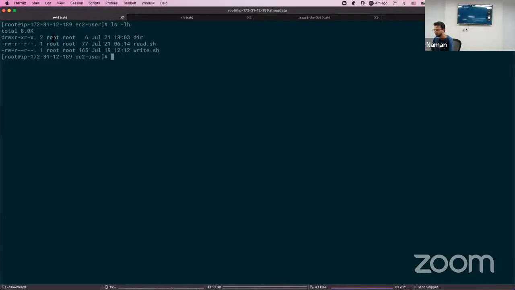And then we have this root. Does everyone know what this root means? This is the owner of the file, so who owns this file. And there's root again. Why do we have a second root there? Anyone have any guesses? No?